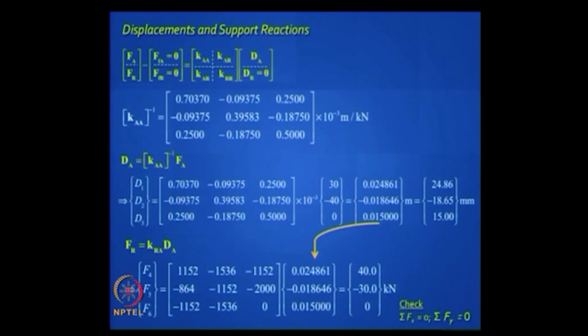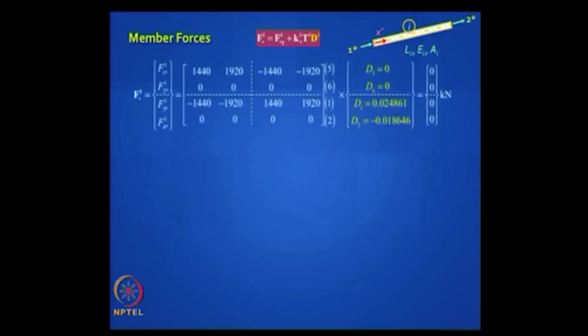Then you find the bar forces, okay, you can actually check out sigma fx equals 0, sigma fy at this stage, which you should as an engineer, make sure equilibrium is satisfied, and then what? Find the bar forces. How do you find the bar forces? There are no fixed end forces, so okay, Ti transpose Ki.